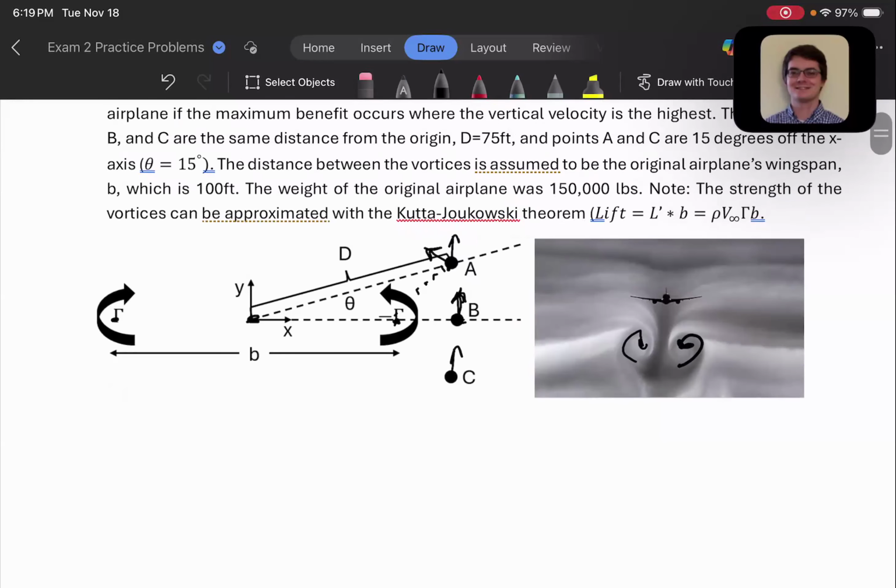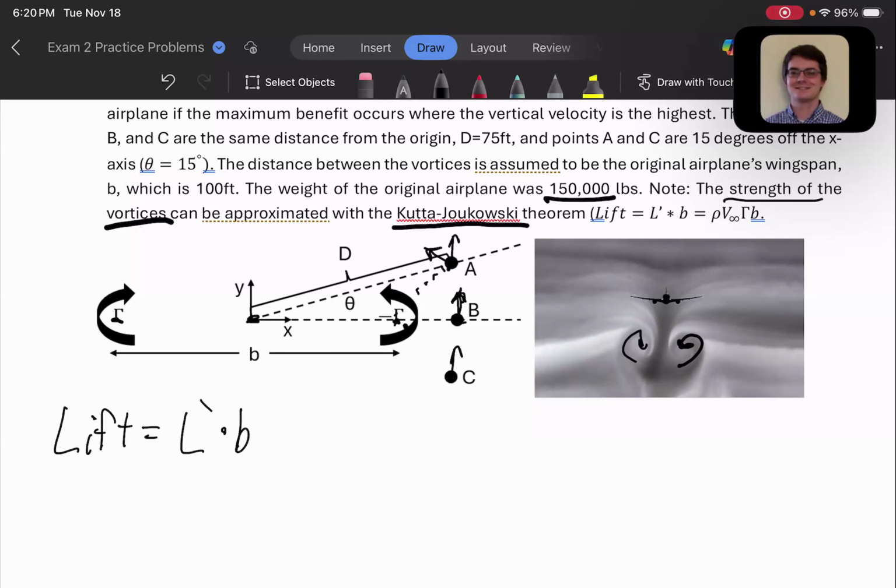You're given the weight of the aircraft, and the strength of the vortices, these guys. And the lift can basically be approximated with the Kutta-Joukowski theorem, assuming that the circulation is uniform across the whole wing. Written another way, the lift equals the per unit span lift times the span, which is rho V infinity gamma b.